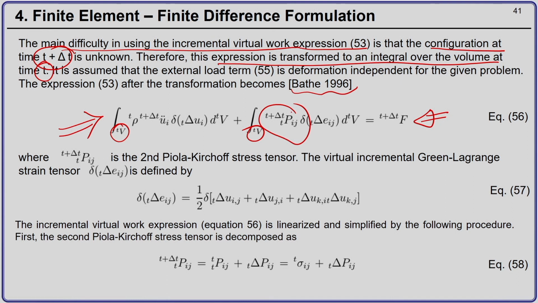Remember, this P we used for the first Piola-Kirchhoff, but here it corresponds to the second Piola-Kirchhoff stress tensor. And the virtual Green-Lagrange strain tensor comes out as the corresponding conjugate stress measure. Here again, instead of capital E we are using this small e.